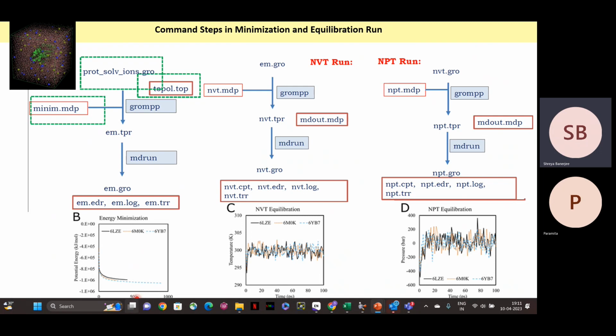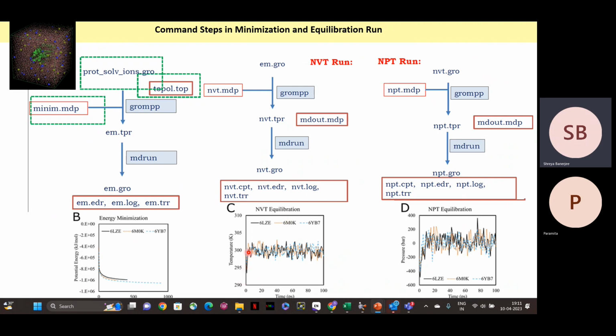It takes around, say, 500 picoseconds for the energy to reach a minimum, and after that, the energy continues being constant. So it reaches the minimum energy around 500 picoseconds. Then the equilibration is done. What equilibration means is that you are running the energy minimization in NVT conditions, meaning the number of atoms, the volume, and the temperature are constant.